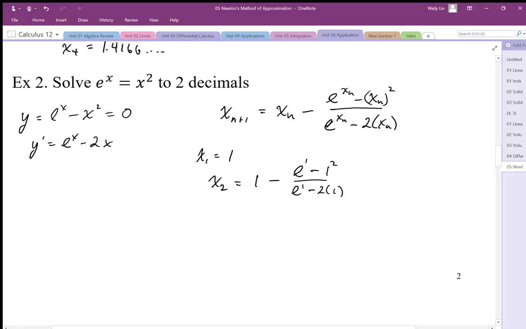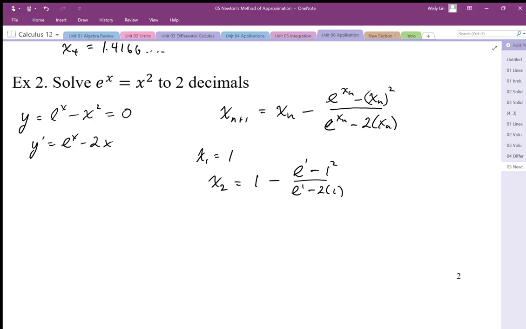I'm just punching this into my calculator right now. So my first iteration is going to be negative.